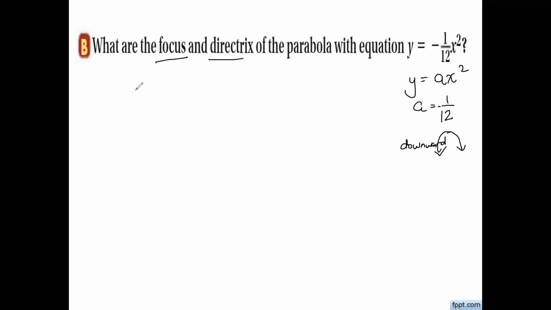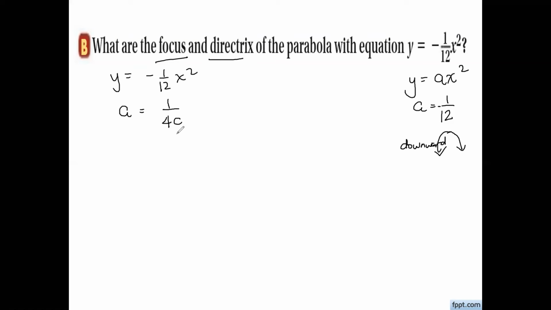Okay, next. Our step 1 is we will write y equals negative 1 over 12 times x squared. It's our given, and we have a equals negative 1 over 12. Next, our standard form is a equals 1 over 4c.